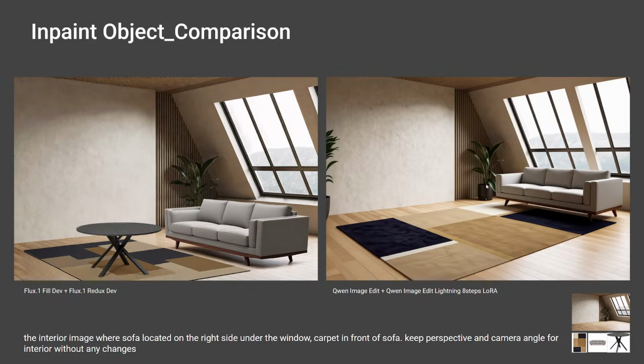Here it's kind of good with the task if we speak about the pattern of this carpet, and the sofa is more or less okay, but it changed the camera perspective in the room. That's the first thing, and it's not good for this task, I would say. And second, the light is also not as perfect as it should be.